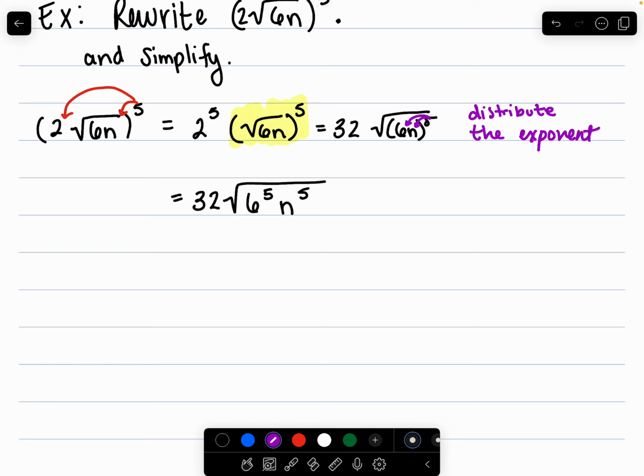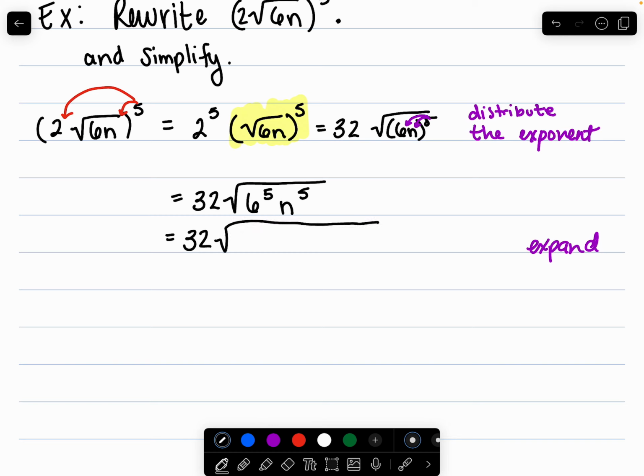Whenever you guys see something in the yellow right there, you just rewrite it. So now you expand it. So next step is to expand. I'll put it here. Expand. So we get 32.